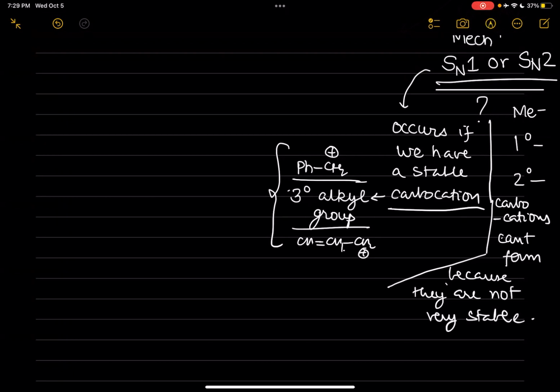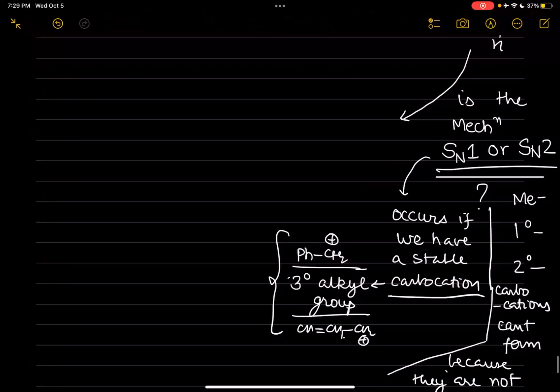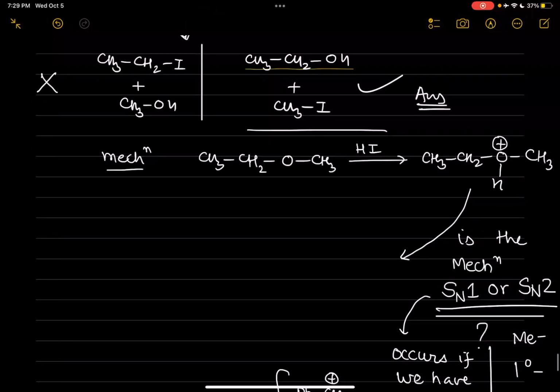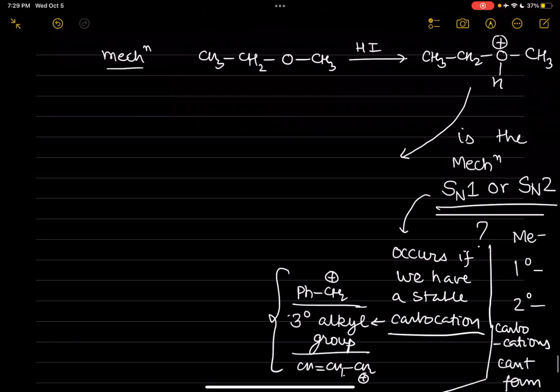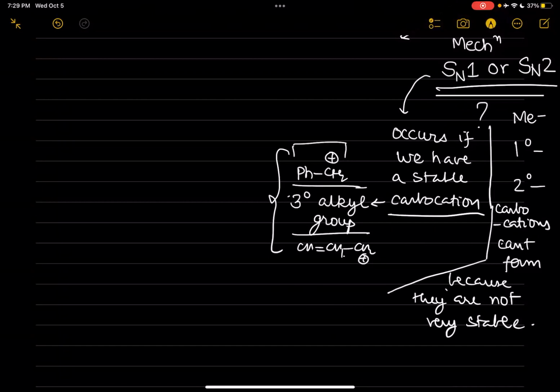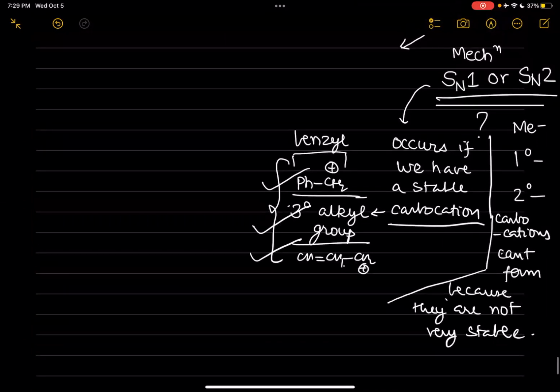Okay. So if there is any tertiary group or benzylic group, then it can form easily. If there is a tertiary, carbocation can form. If it is allylic, then carbocation can form. But methyl, primary, secondary carbocation will not form.